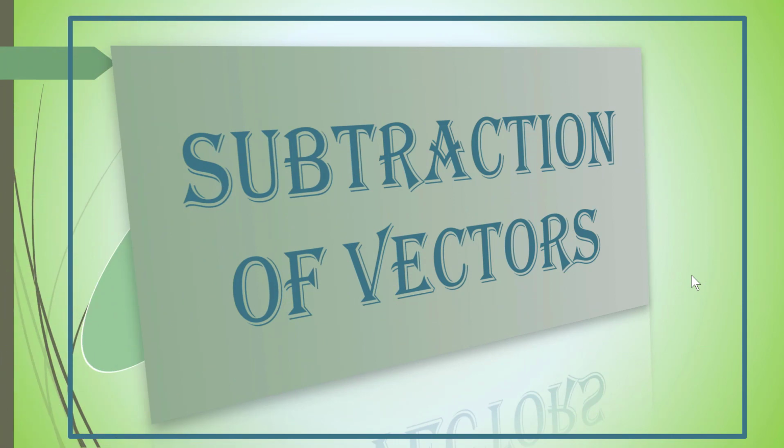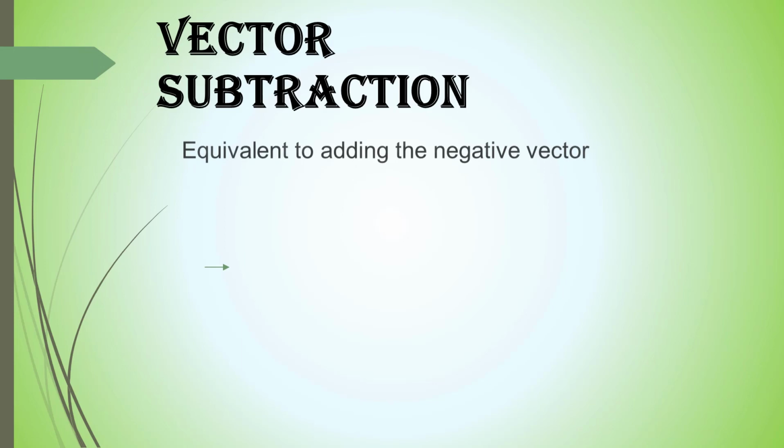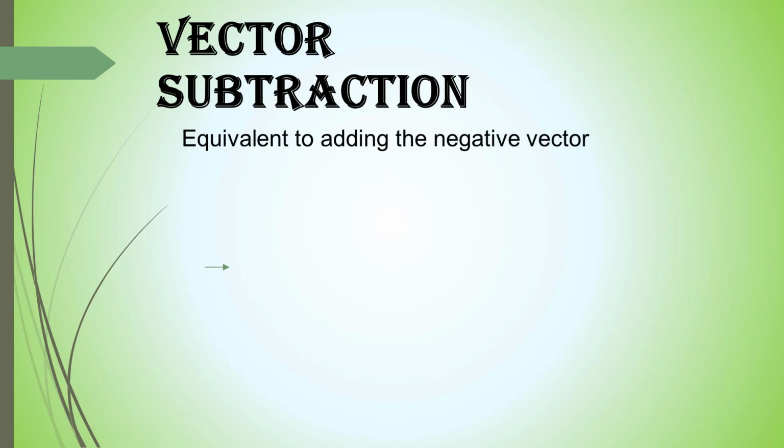What about subtraction of vectors? How are we going to subtract? We do not have any direct method for subtraction of vectors, so it is again similar to the addition of vectors. What we do is equivalent to adding the negative vector. For example, if we are finding vector c, which is equal to a minus b, then we have vector a and vector b.